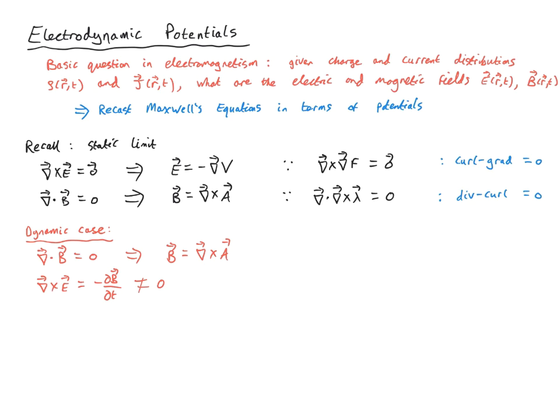But we can use the definition of the magnetic field in terms of the vector potential in this equation. We can write this instead as minus d by dt of the curl of A.